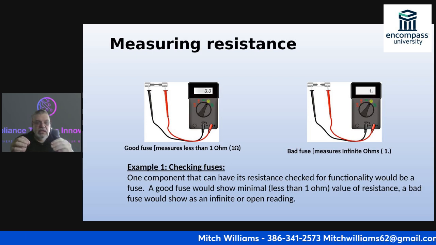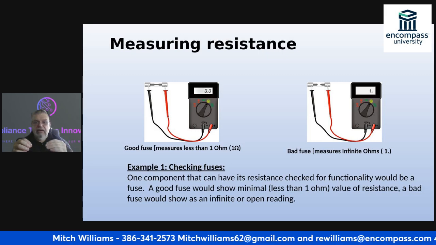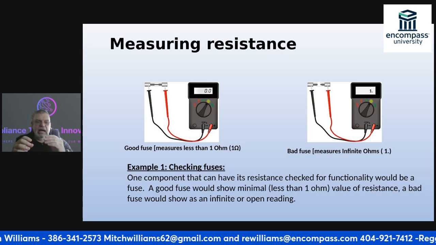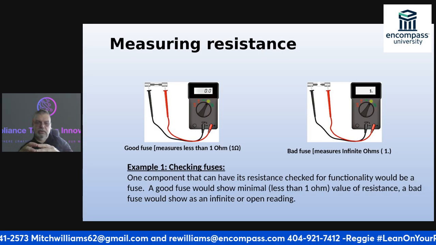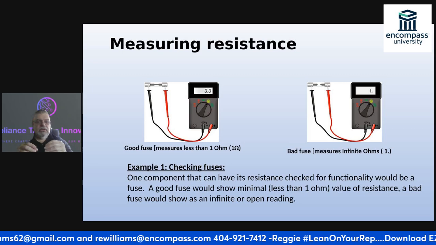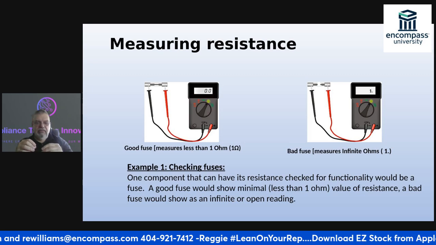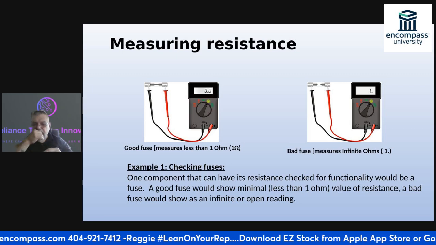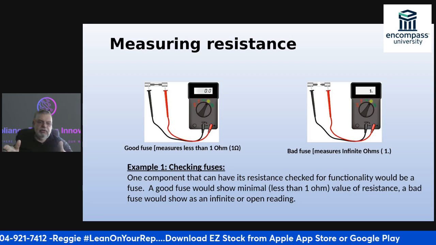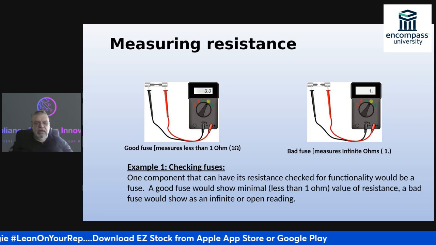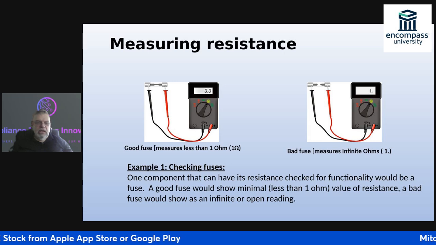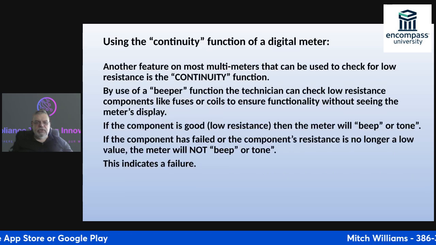If I measure less than 1 ohm, I've got a good fuse. If I have a bad fuse, I have infinite resistance. One component that can have resistance checked for functionality would be a fuse. A good fuse would show a minimum of less than 1 ohm of resistance. A bad fuse would show infinite resistance.